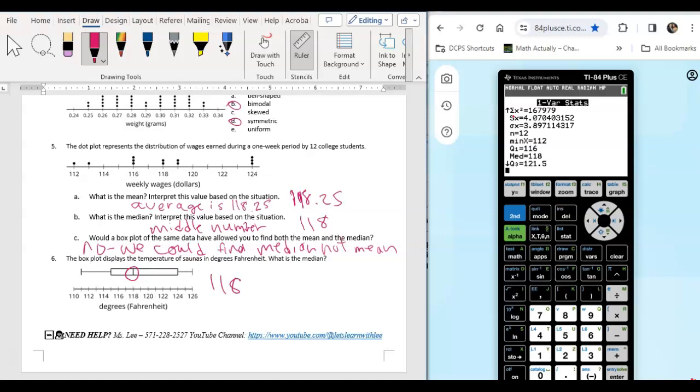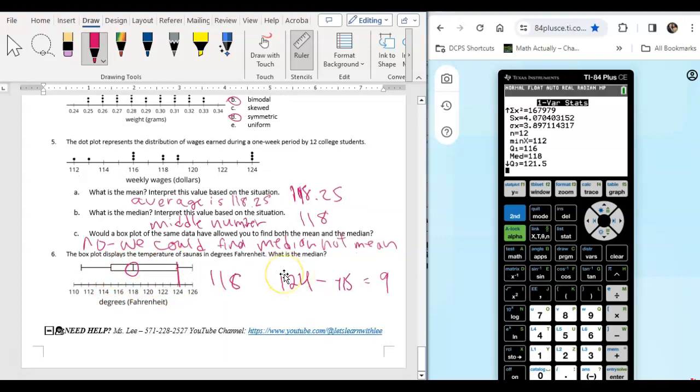And then if I asked you for the IQR, you would take 124 minus 115, which shows you how spread out this data is. So that's 9, right? And so the middle portion of the data is 9 values long, which means that there's a decent amount of variation for these temperatures in the middle section of the data.